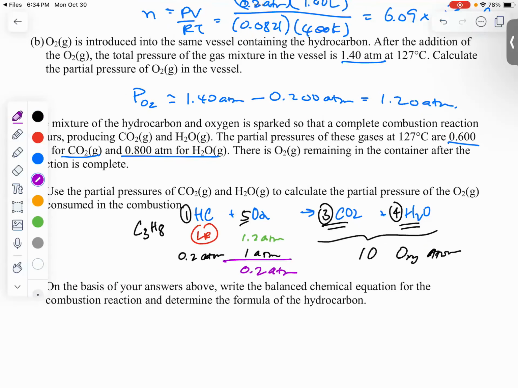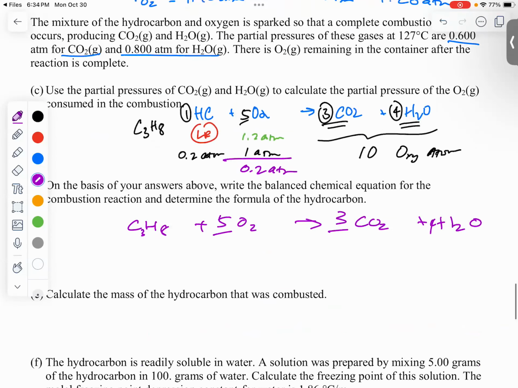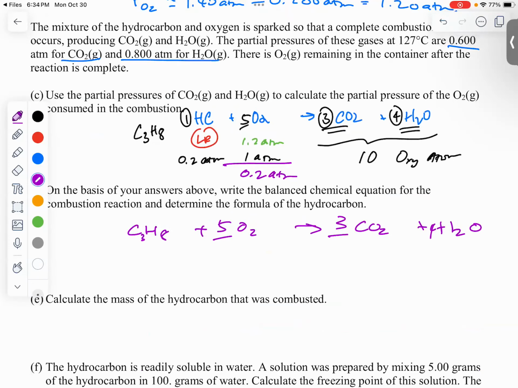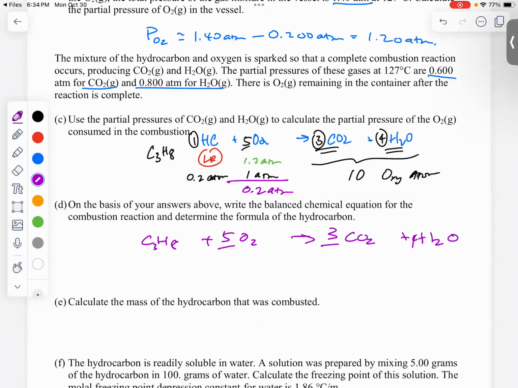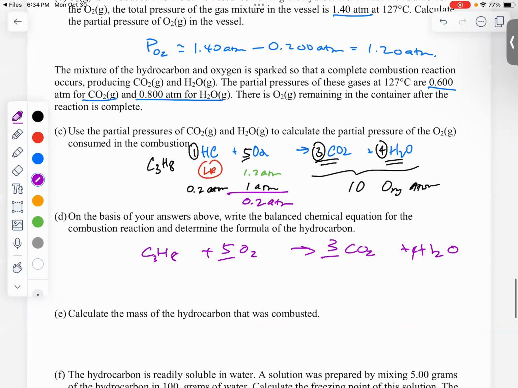Yes, and based on the information, we can now go ahead and write down our balanced equation. And then you can calculate the mass of hydrocarbon that was combusted.